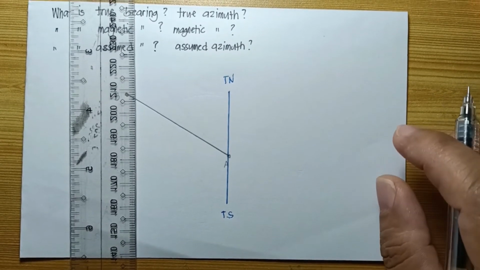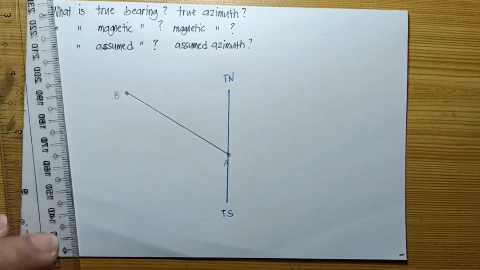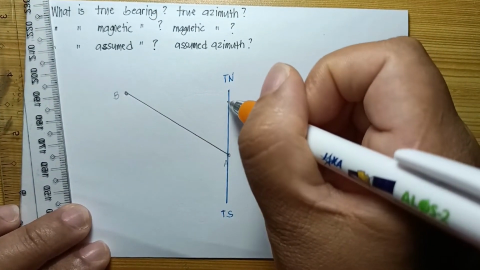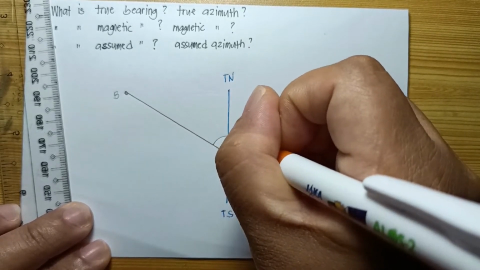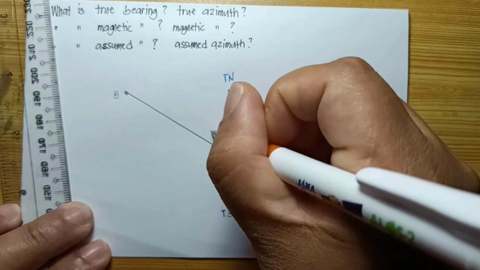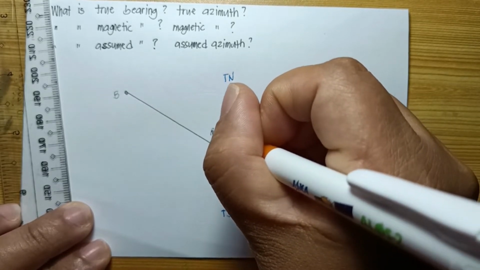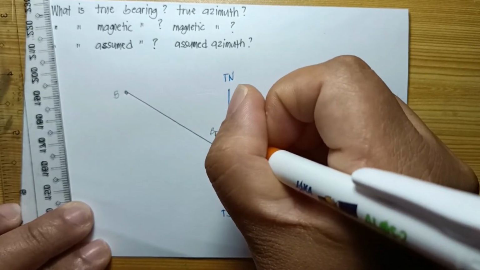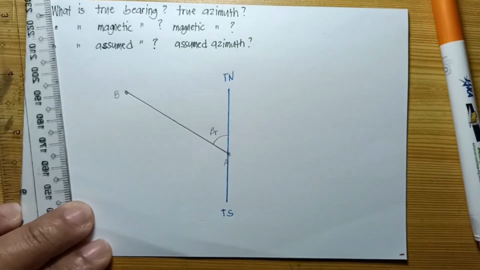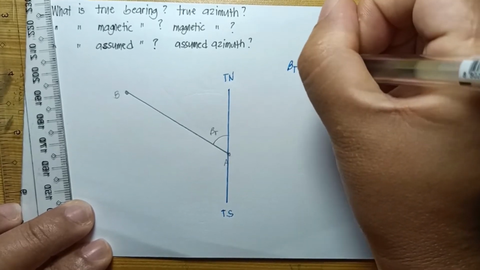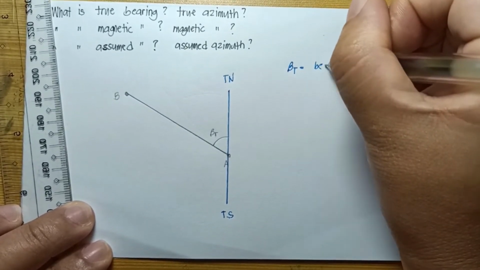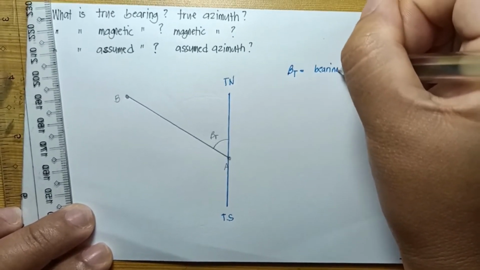The angle from the true meridian is called the true bearing. Or that is true bearing.